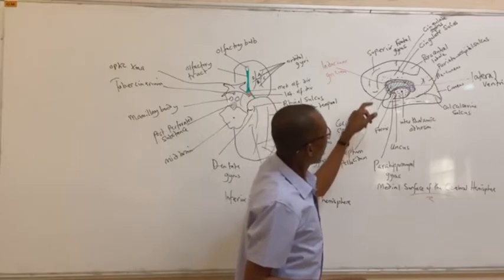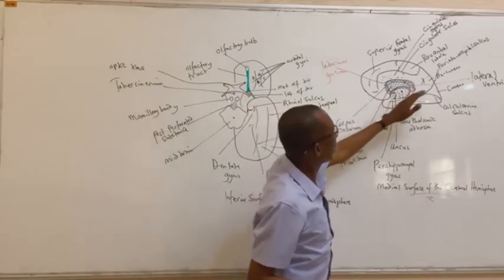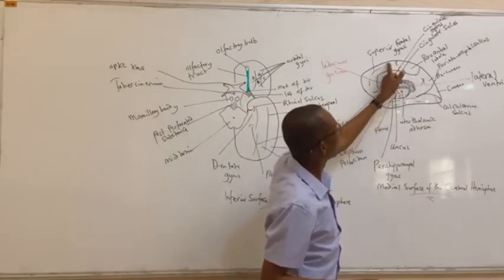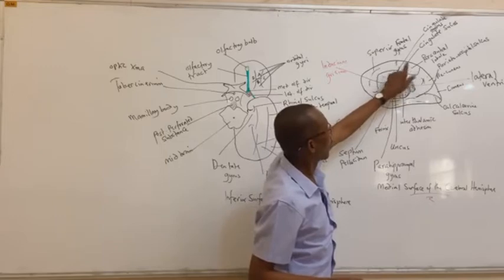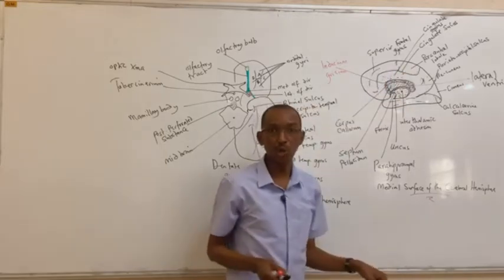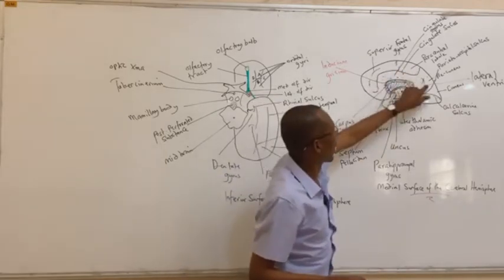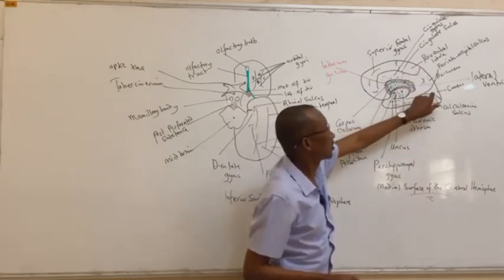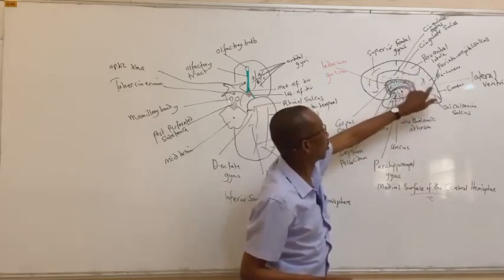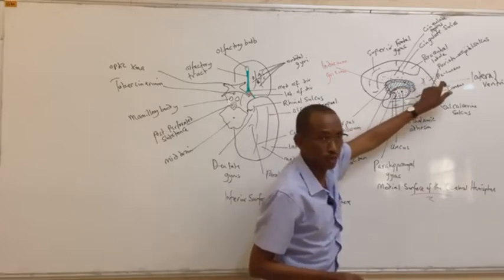And so, as I told us before, immediately behind the superior frontal gyrus here, after the central sulcus here, you have what you call the paracentral lobule. And behind the paracentral lobule, in between it and the occipital lobe, you have what we call the precuneus.